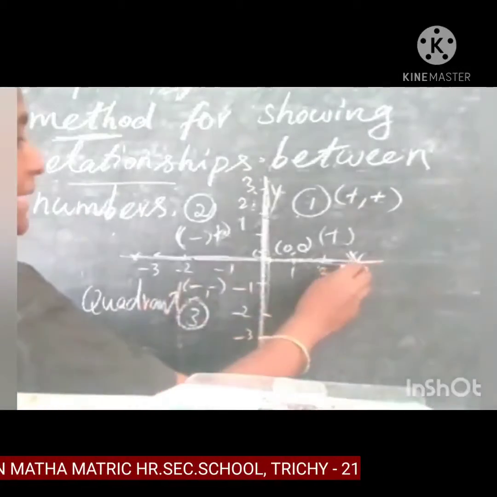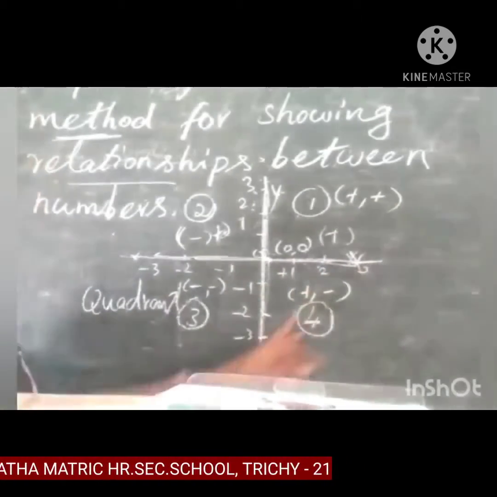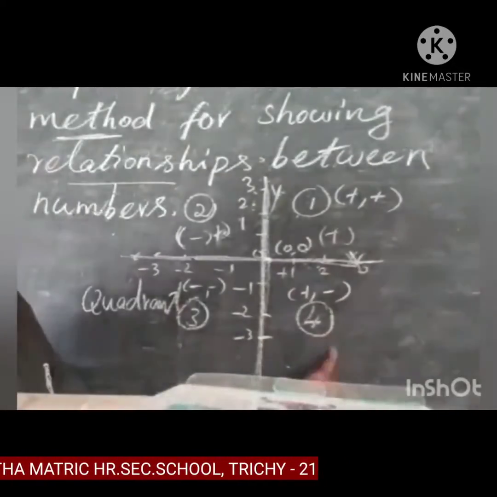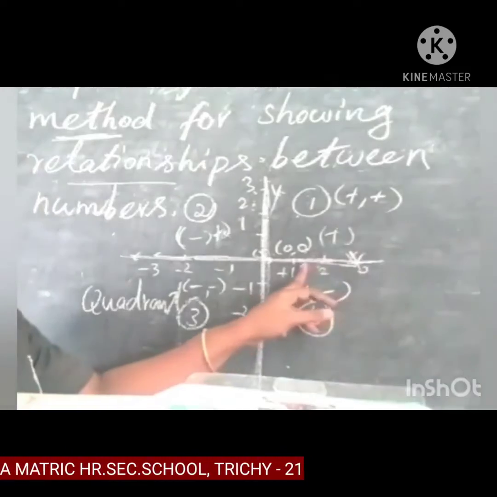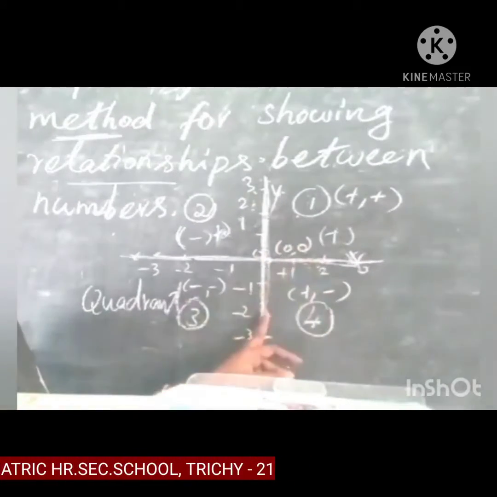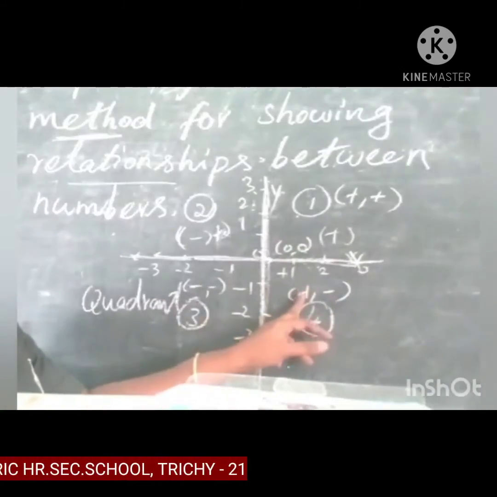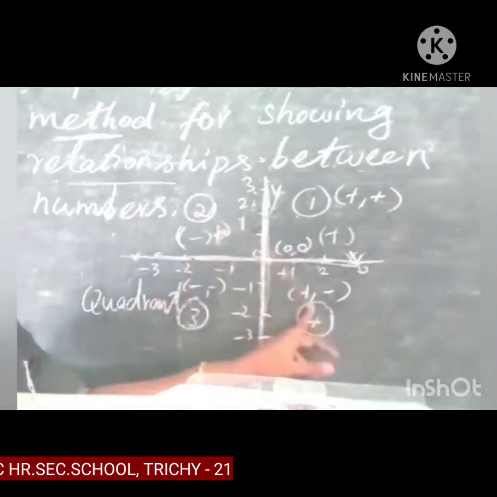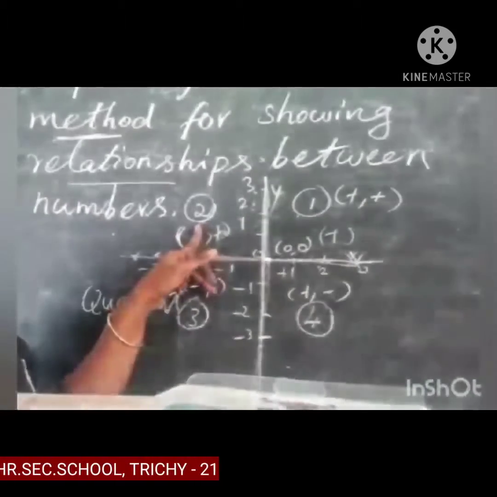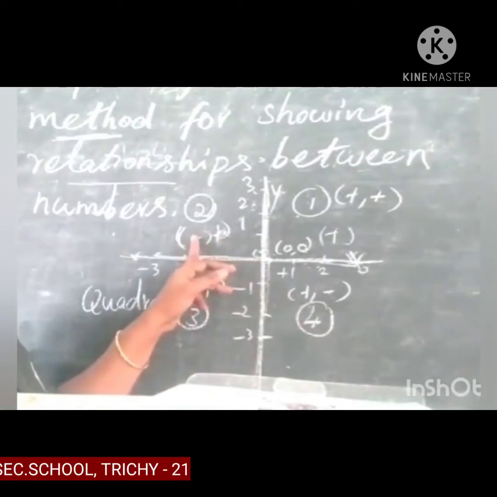In the fourth quadrant, the x-axis is positive and the y-axis is negative. Plus and minus, positive and negative, just the opposite of the second one. The second quadrant is minus and plus, negative and positive.